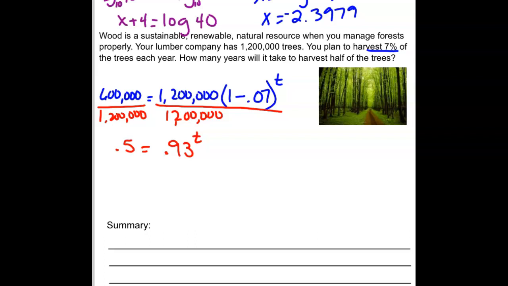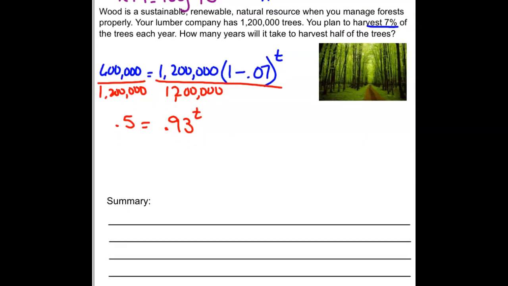Our base in this case is a decimal, 0.93, but we can do that. We can take log base 0.93 of 0.5 equals log base 0.93 of 0.93 to the t power.